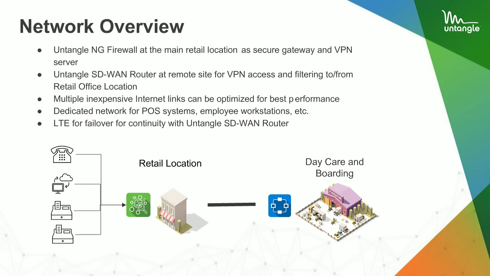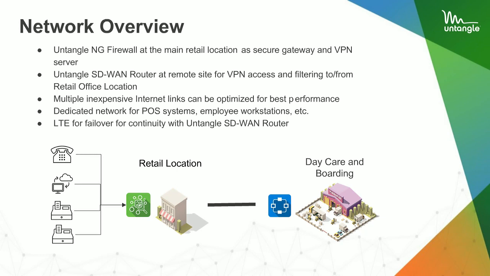The SD-WAN router would then act as a VPN access point to the main office, the home office, for filtering and also for access to business-related resources. You could set up multiple internet links to optimize performance at all locations, as both the SD-WAN router and NG Firewall do support multiple ISP connectivity.